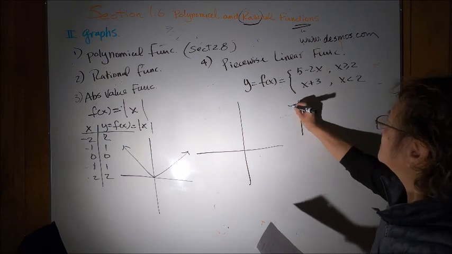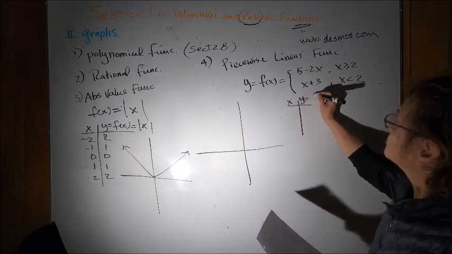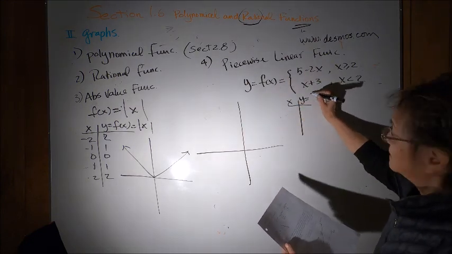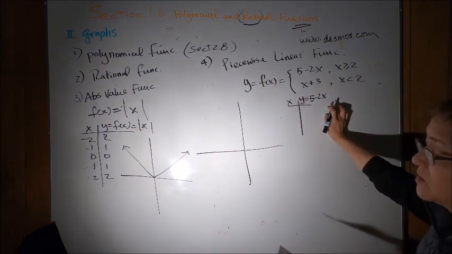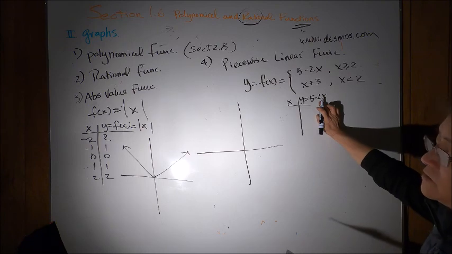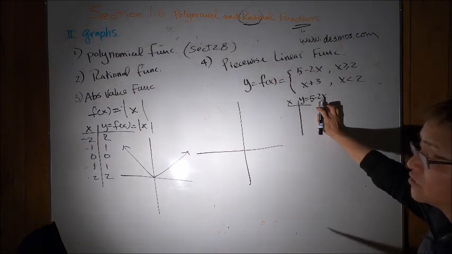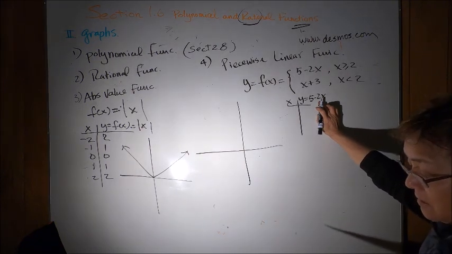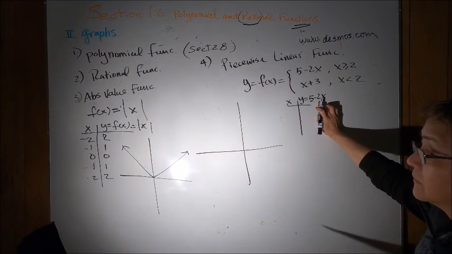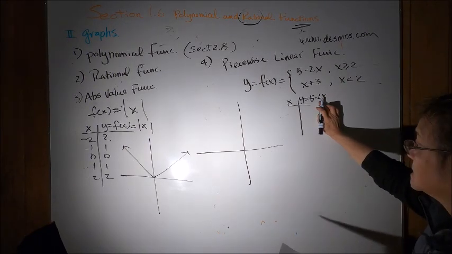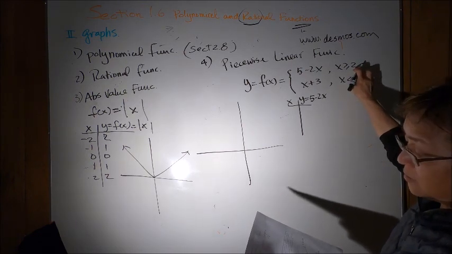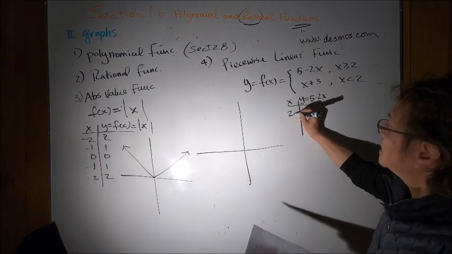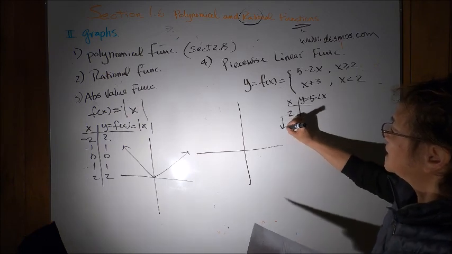So for the first one, y equals what? F of x is this one, 5 minus 2x. So it's negative 2x plus 5. The leading coefficient is negative 2. Your slope is a negative number, which means your line goes down. But we say x is bigger than or equal to 2. So we do 2, 3, 4, from 2 and up.